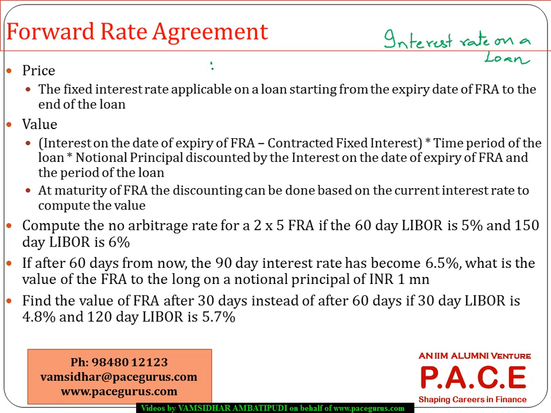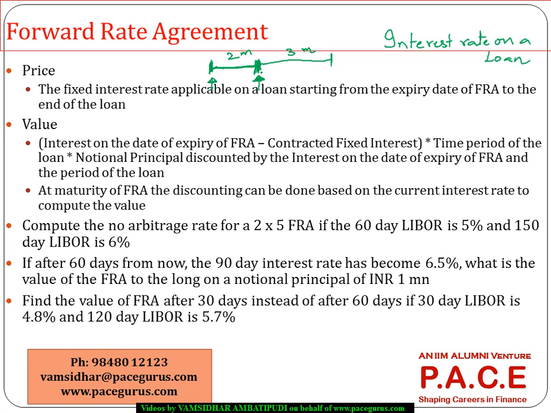So let's say today when I am getting into an FRA, which means let's say this FRA is a 2-month FRA, which means I am fixing the interest rate for this date today only, because I am taking a loan here, let's say for 3 months.